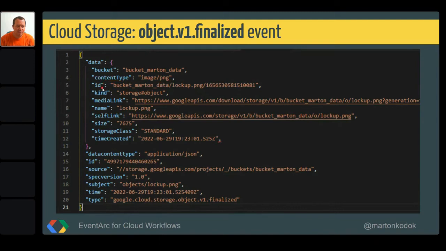It has an ID and a kind. It has a media link. If you want to, for example, place this into an email, you can read it out. This is the name of the file. You could have a self link if you want to access it authenticated with the IAM roles, the size of the file, the storage class where it has been uploaded, and the time that it happened, all this. Good.